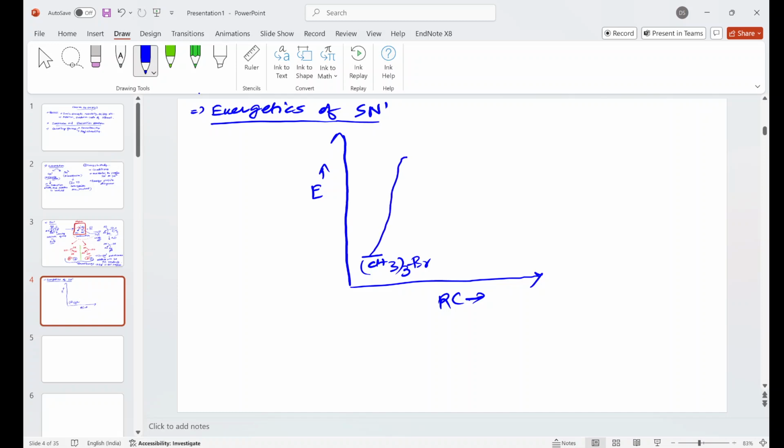You are going to a carbocation step, right? This is your carbocation. This is your TS1. Then you are forming another intermediate, and then you are forming your product.